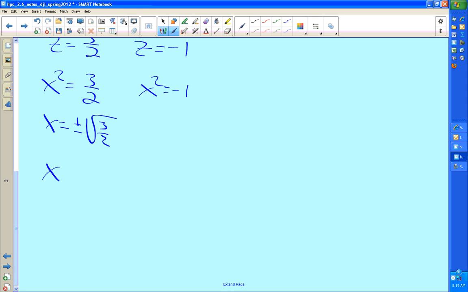So x is equal to plus or minus the square root of 6 over 2. In the other case, what is x going to equal? Plus or minus i. When you square root, don't forget to add that plus or minus. So the values of x that give you solutions are 2 imaginaries and 2 reals.